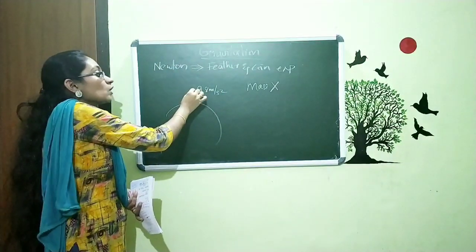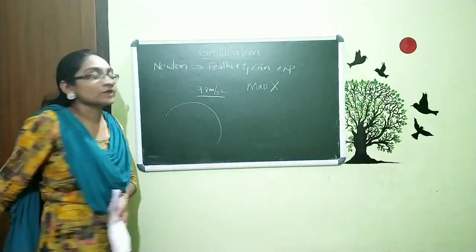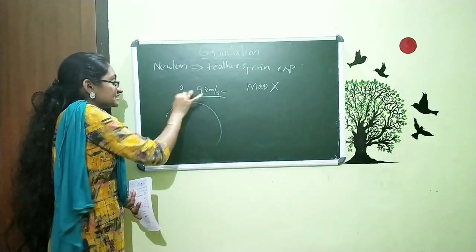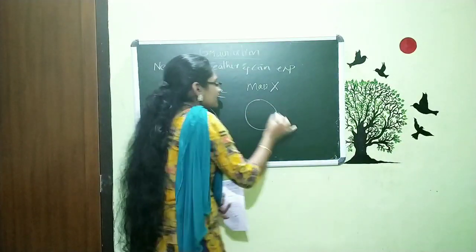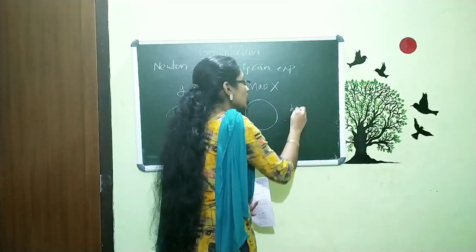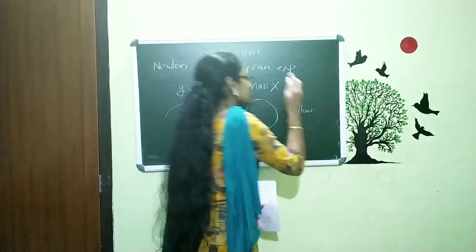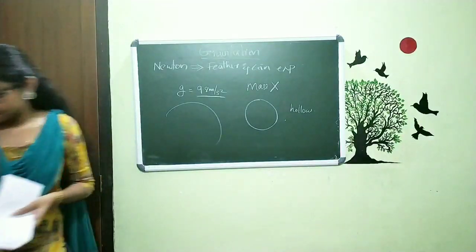So that's why always the object will come with the acceleration 9.8 and we call it g. Even if it is a massive body, a very tiny particle, or even a hollow body, the same will happen. So this is all about this.